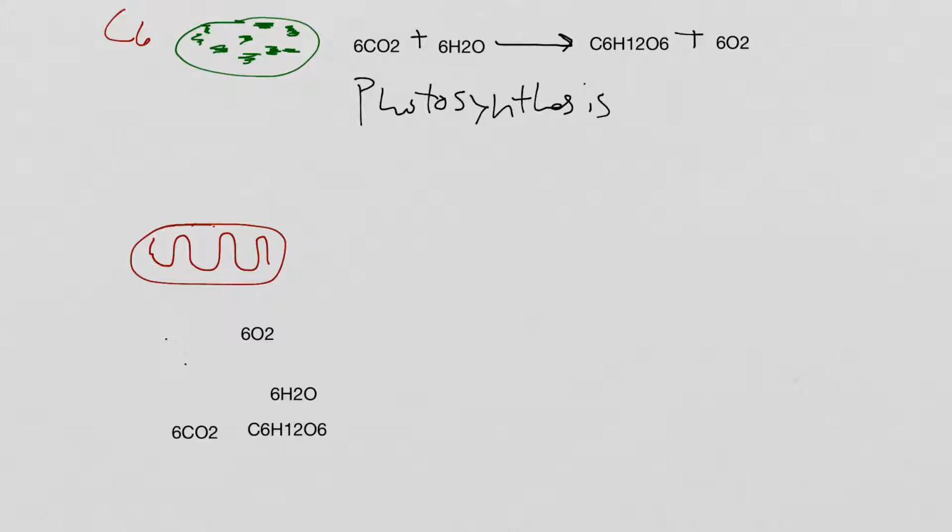Now, on the other side with the mitochondria, what we're going to have is what we call respiration. Okay? And respiration is going to use the sugar, and it's also going to use oxygen.